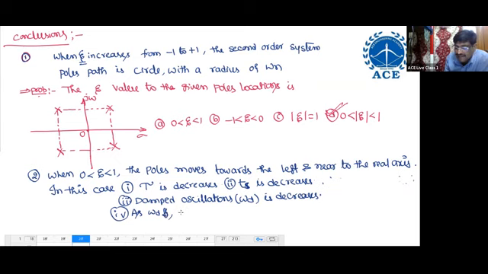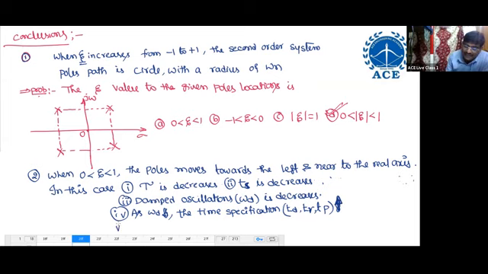The time specifications are opposite to frequency, no? What are they? Delay time, rise time, peak time, all increase. Once omega d decreases, blindly we can write that delay time, rise time, and peak time all increase.